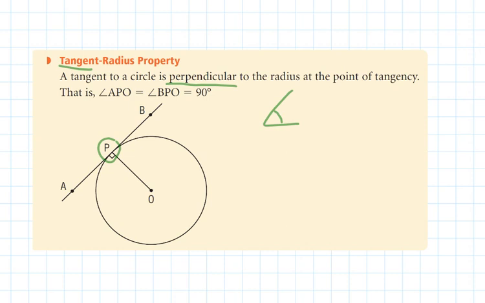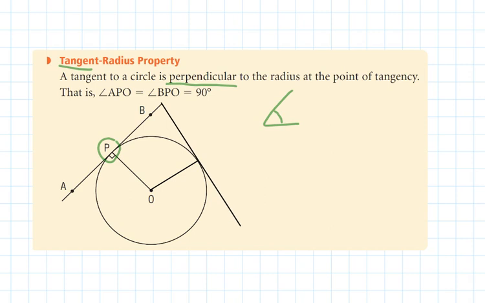So if I draw another radius here, and a tangent line right here, I'm gonna bring it so it touches at that point right there.